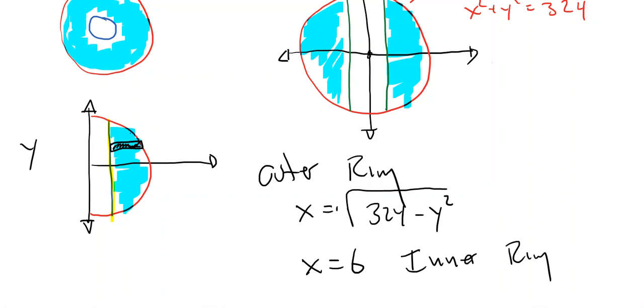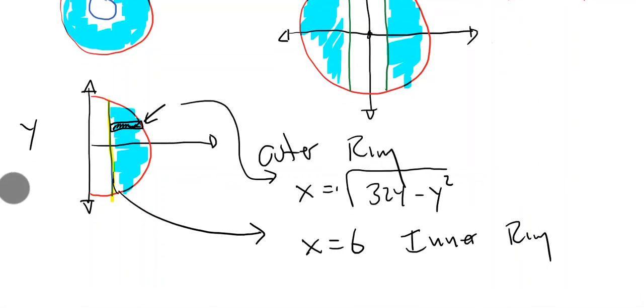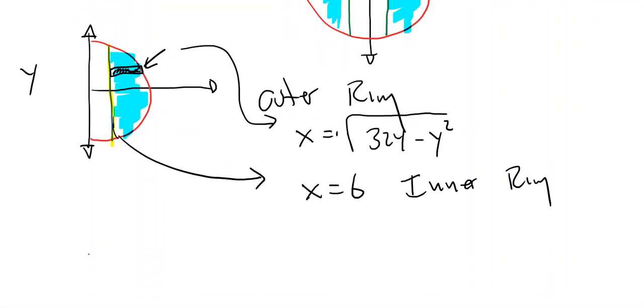So a rectangle, once again, is between the outer ring, which is this, and the inner ring, which is this. So now we have enough information, we can set up our integral. The volume is going to be the integral, and the bounds of integration are along the y-axis. This would be positive 18 and negative 18, because the radius of the circle is 18.